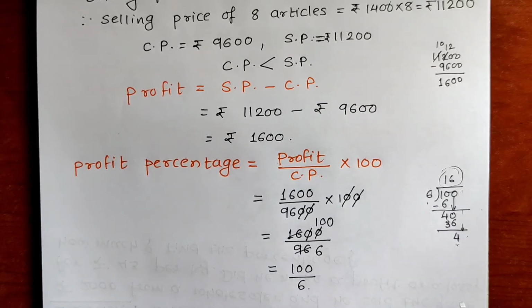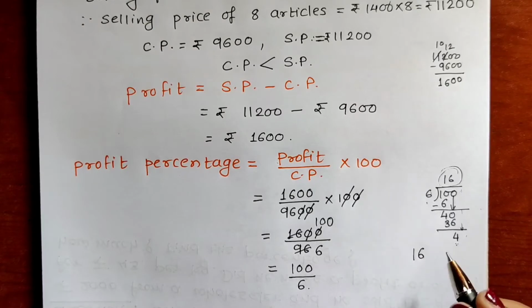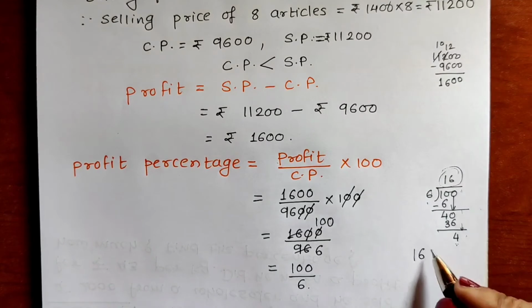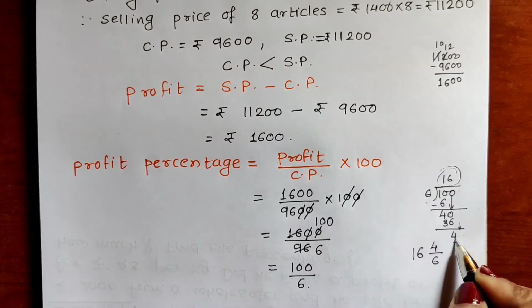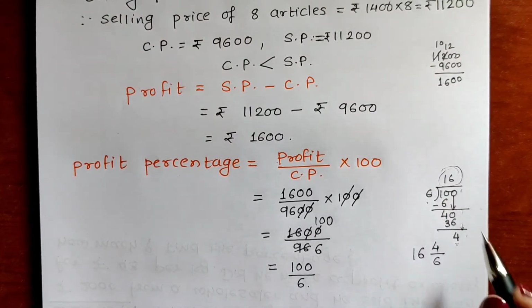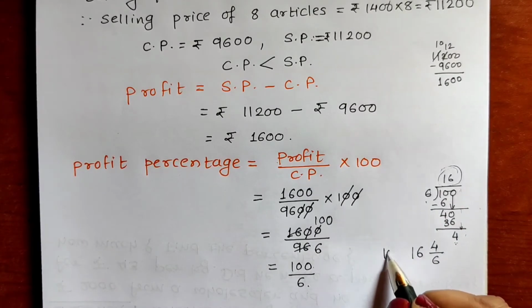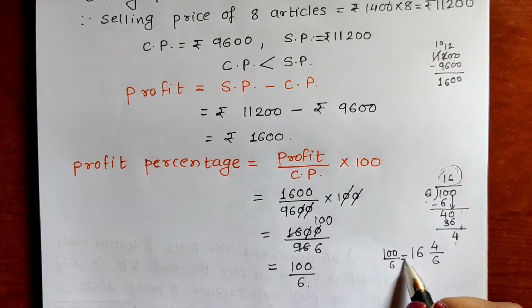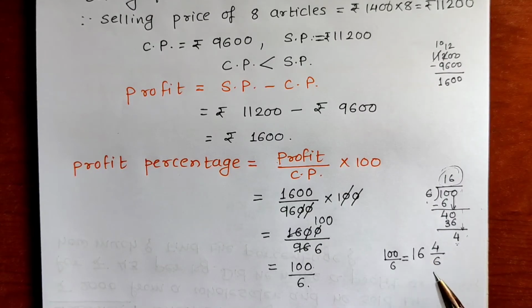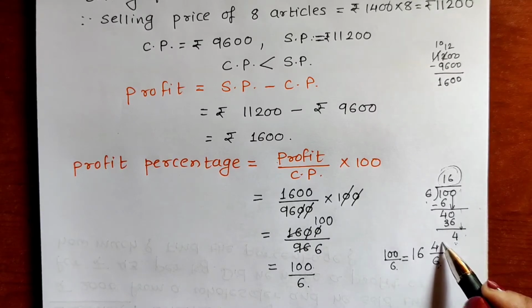So this can be written as 16 integer 4 upon 6. This 4 remainder upon 6 divisor. This is the answer of 100 upon 6, written in mixed fraction form, which you all have learnt. 100 upon 6 can be written as 16 integer 4 upon 6. This 4 upon 6 can be cancelled: 2 2s are 4 and 2 3s are 6.